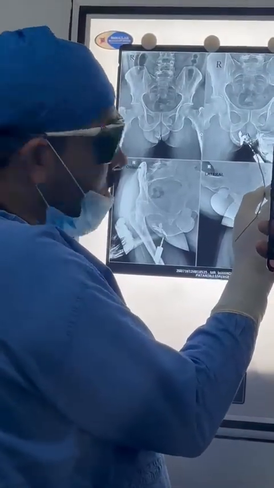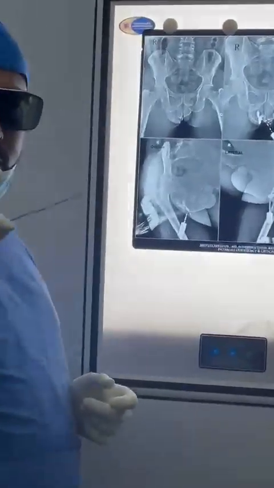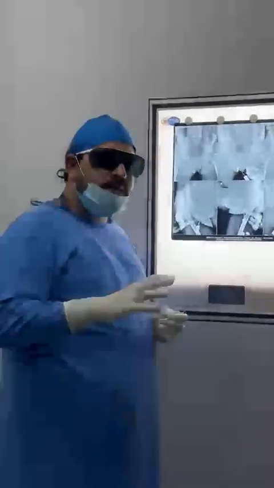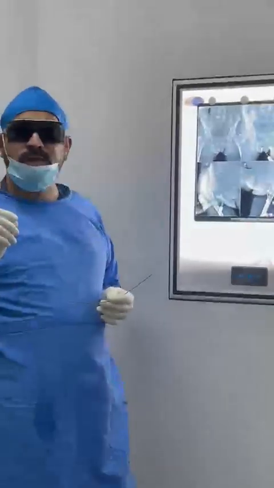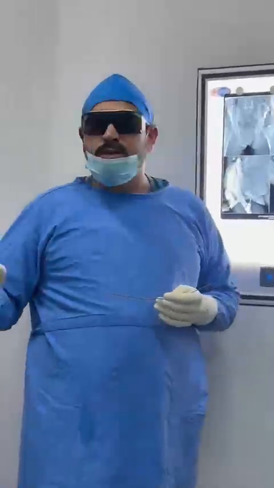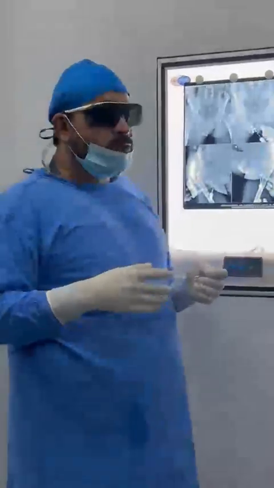So what will be the approach? Number one, how can you cure this fistulous tract? There are various surgeries which are described in the texts or in some books. Number one is fistulectomy. Number two is coring techniques. Number three is fistulotomy.